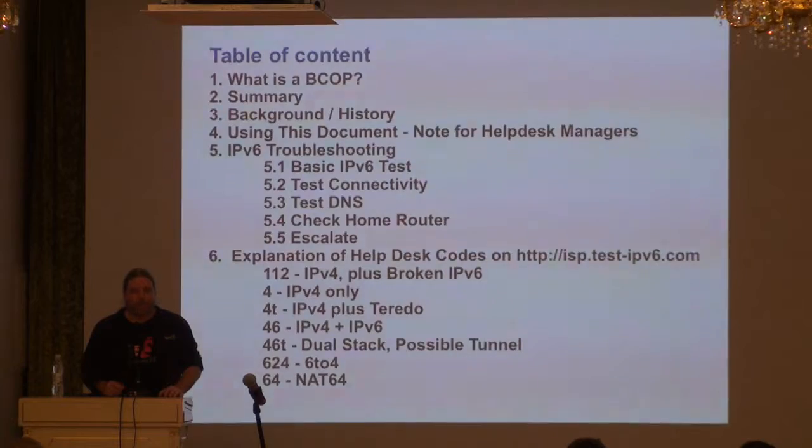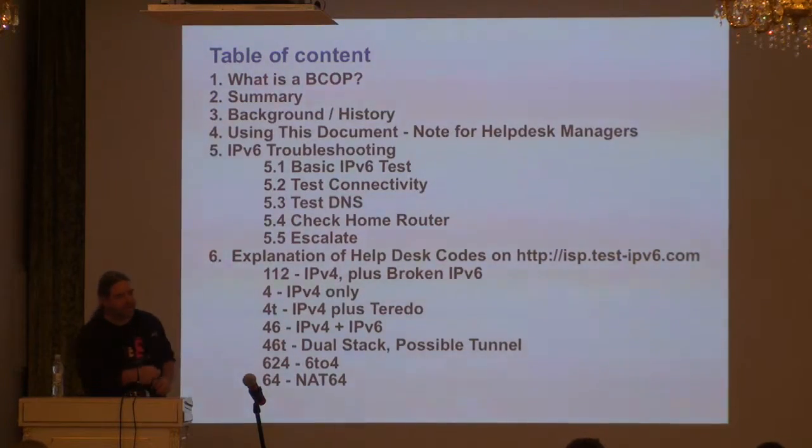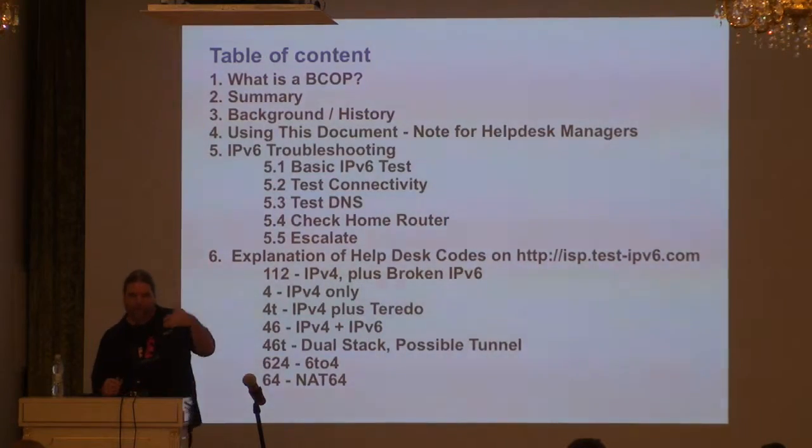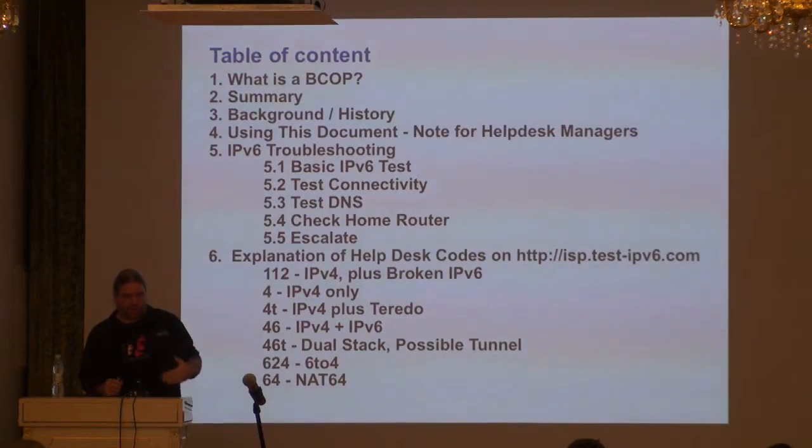And then the person on the help desk goes into our document and says, okay, what is this code? So here is the table of contents of this document. It becomes very useful at number 5, IPv6 troubleshooting, the steps that you need to do. And then number 6 is the explanation of help desk codes on this site.